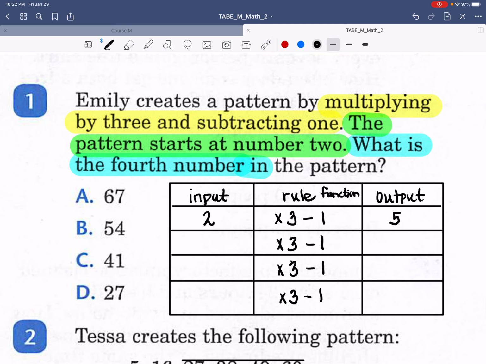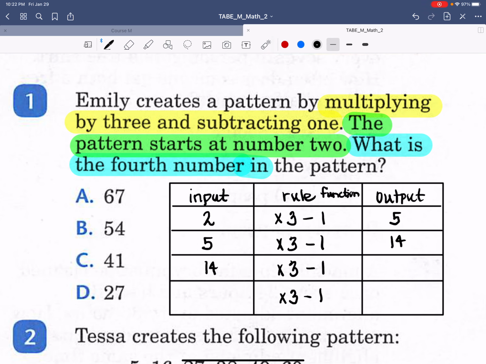So if I put 2 in, do the rule, I get 5 out. Then the 5 becomes the second input. 5 times 3 is 15, and 15 take away 1 is 14. The 14 becomes the third input.